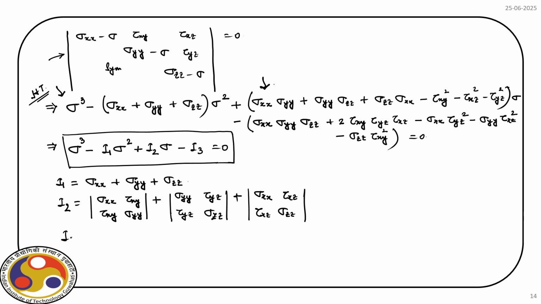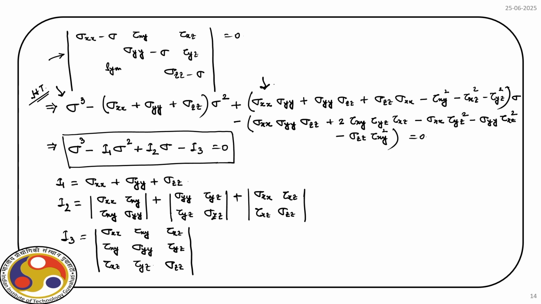And then finally, I3 is equal to the determinant of the 3D stress field itself. So, we have the determinant of sigma xx, tau xy, tau xz, sigma yy, tau yz, sigma zz. Okay.